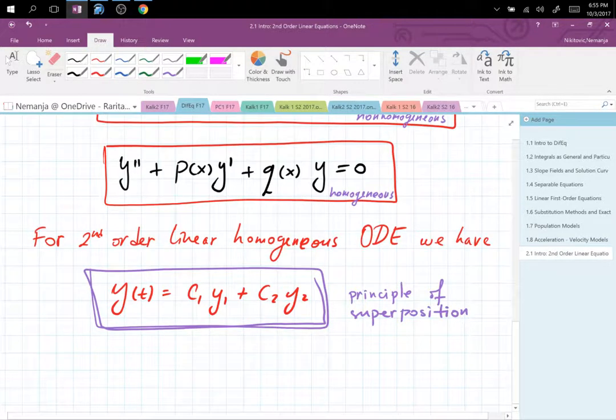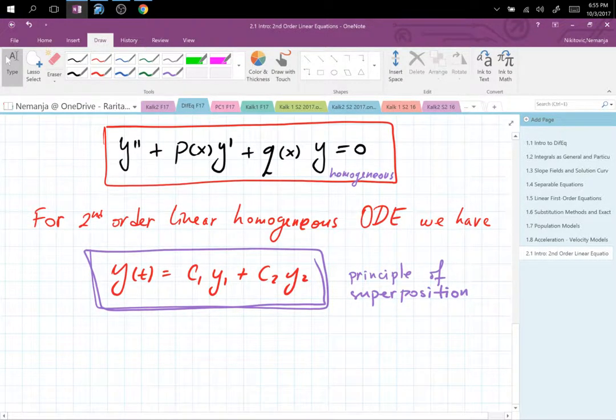You have two constants now, C1 and C2. Each one of the solutions is getting its own constant. And I think that's it for that part.